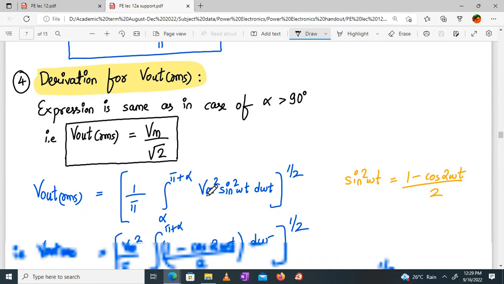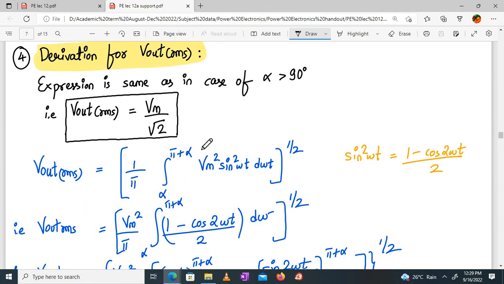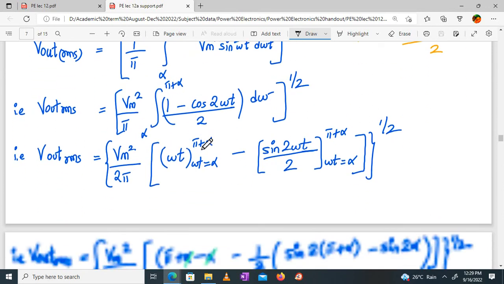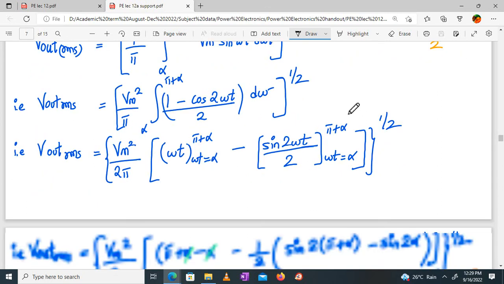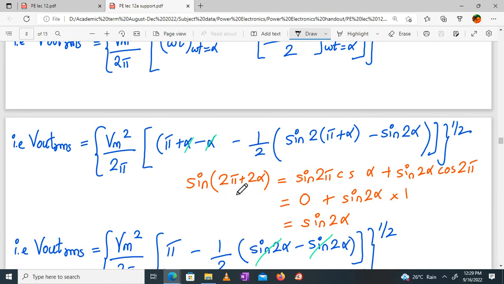Written. So again I have gone from alpha to pi plus alpha. You should know the trigonometric relations: sin square alpha is equal to 1 minus cos 2 alpha by 2. Then you should also know the relation sin of a plus b is sin a cos b plus cos a sin b.